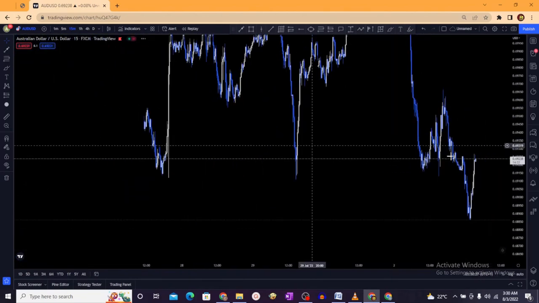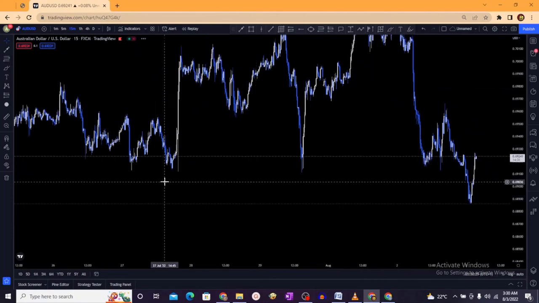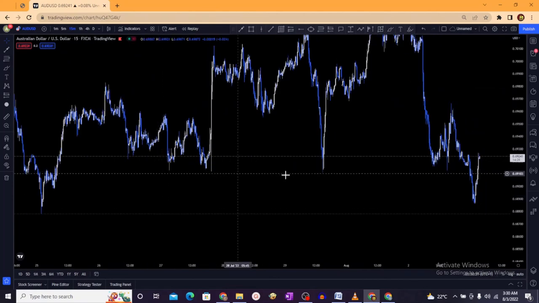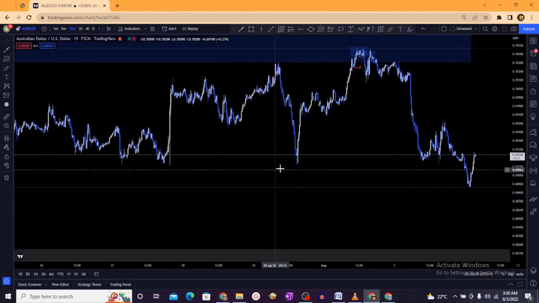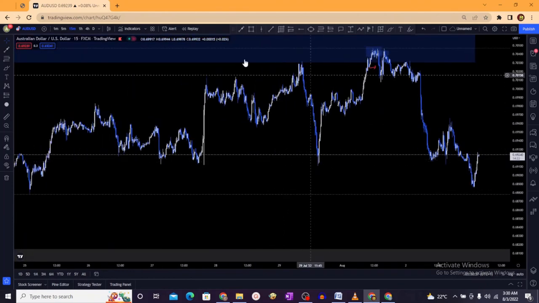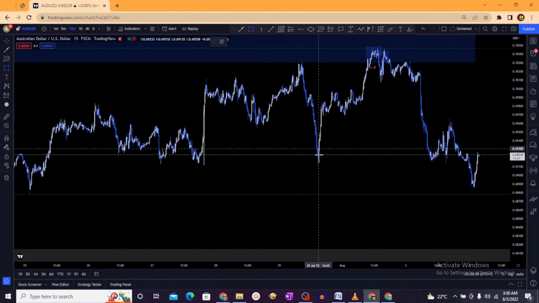Price dropped to clear all these lows here.